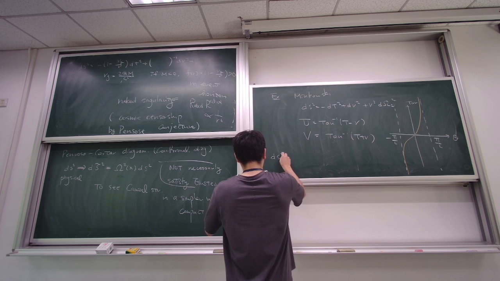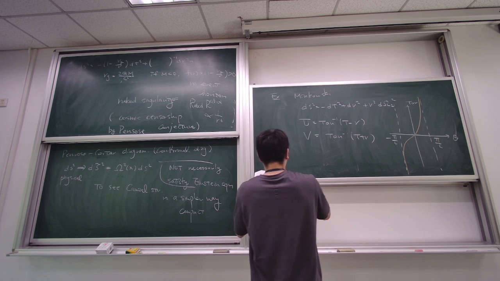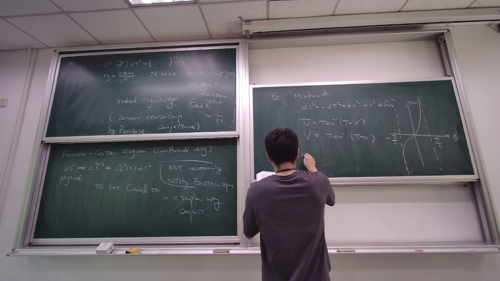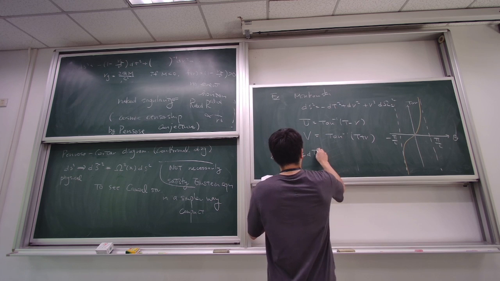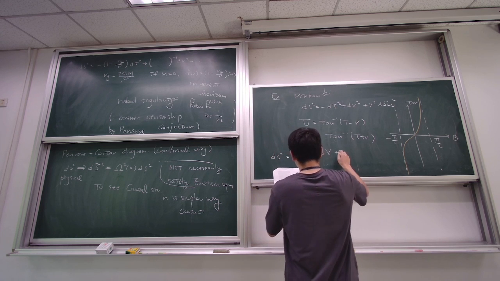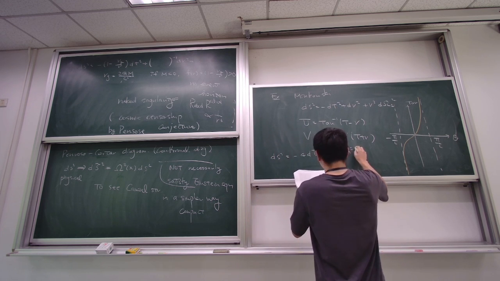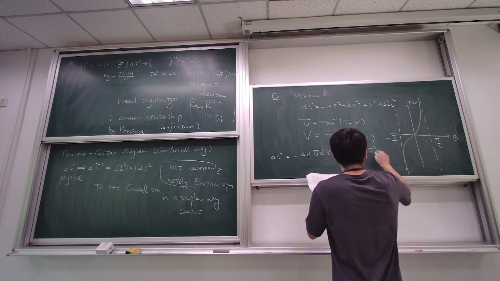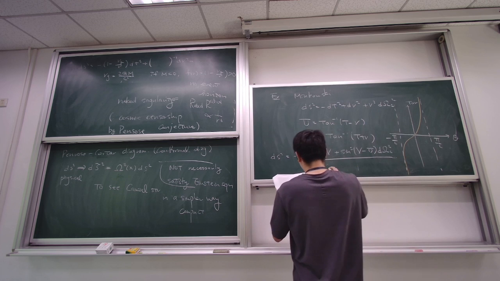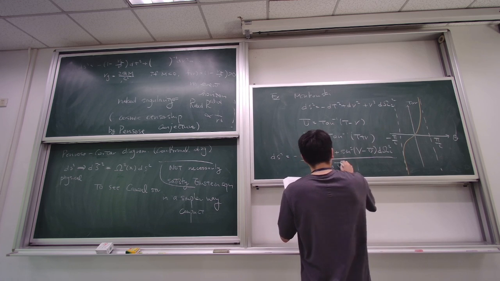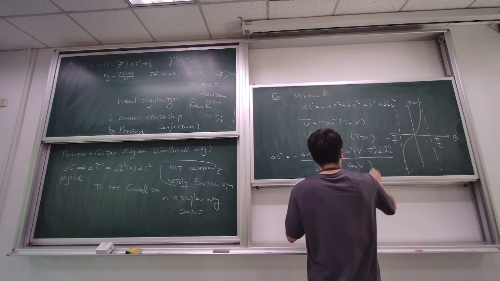ds squared is equal to something like minus 4 du dv plus sin squared of (v minus u) d omega squared, times this conformal factor, cos u cos v squared.